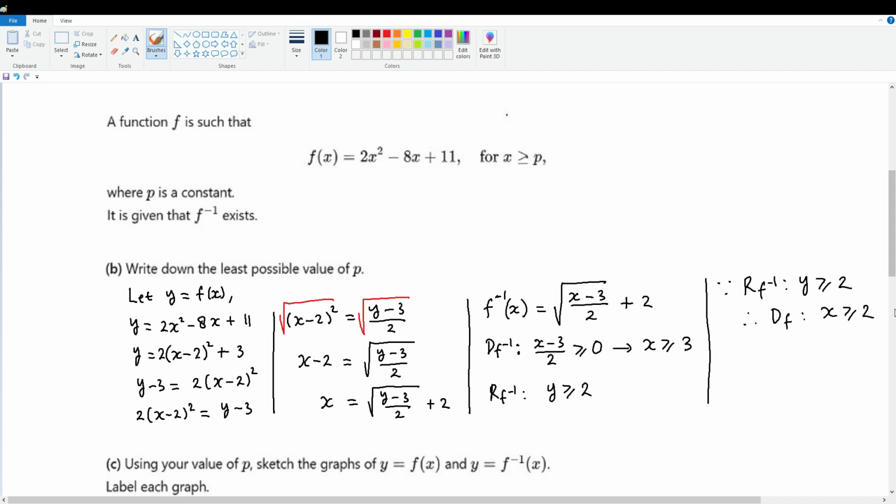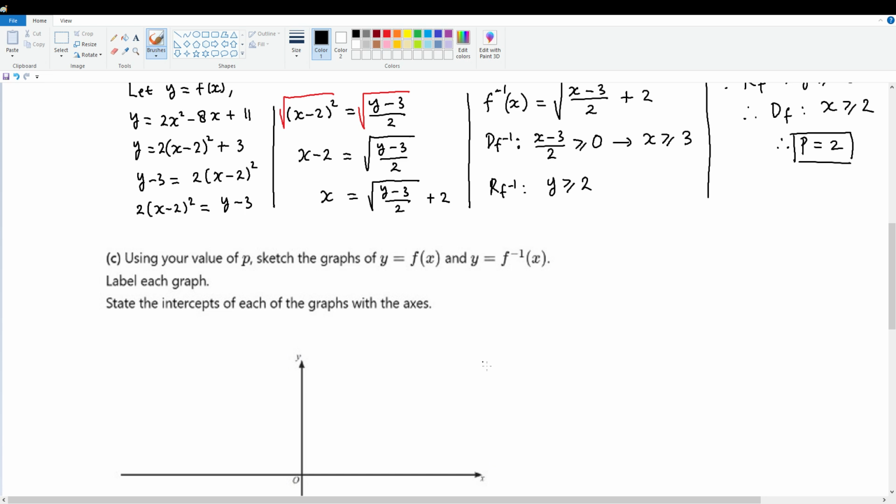In other words, the value of this p corresponds to 2. We can say that p must be equal to 2. So that is our answer for question part B.